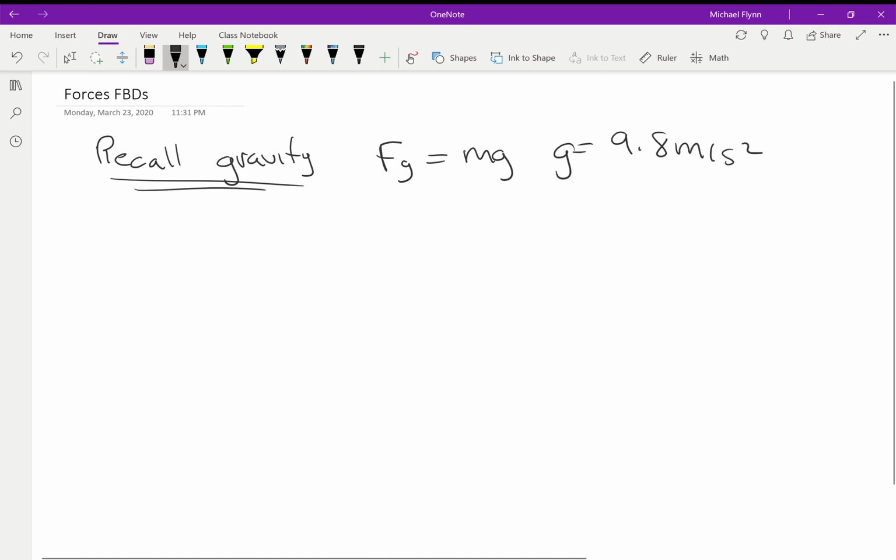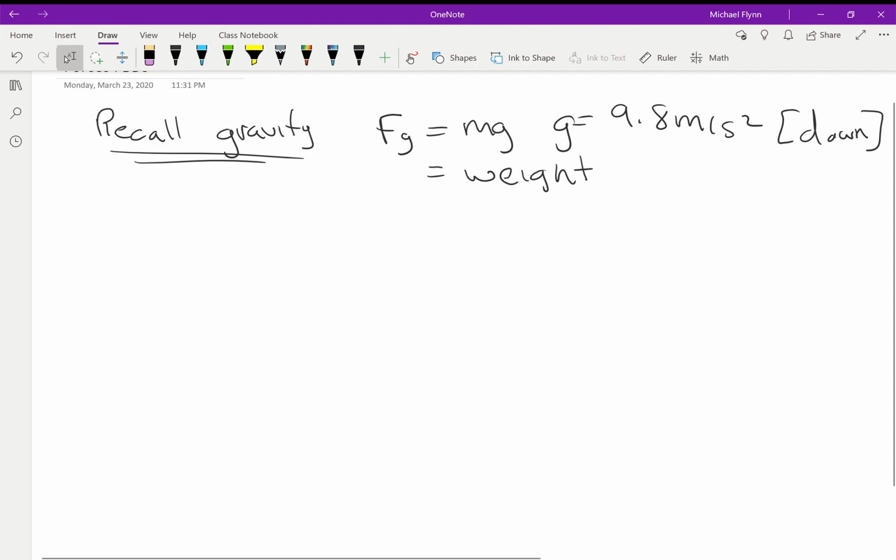And of course, that force is down. So this is equal to what we call your weight. Your weight is a force that we measure in newtons, which is a standard unit of force. So that's the force of gravity on an object. That's number one.